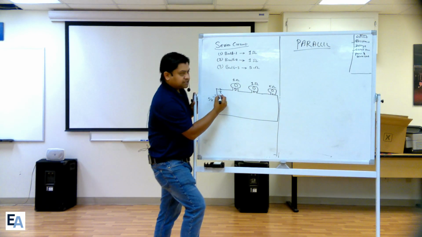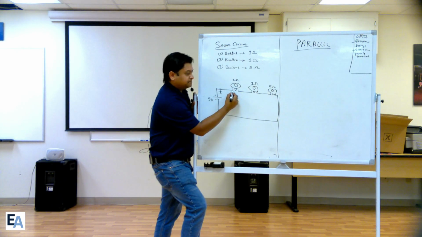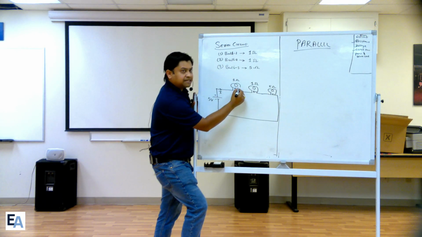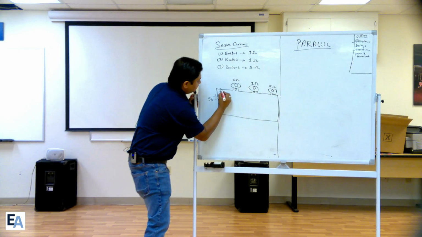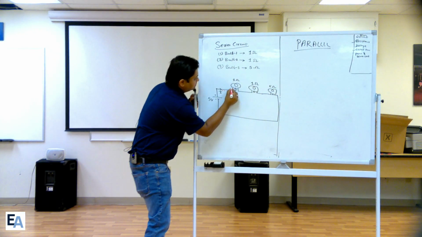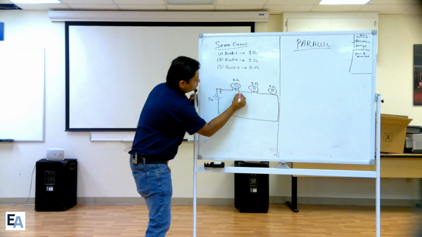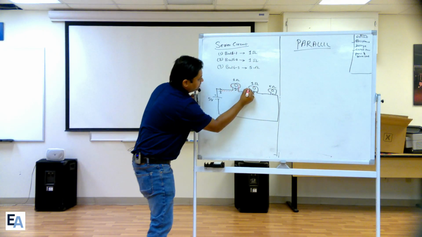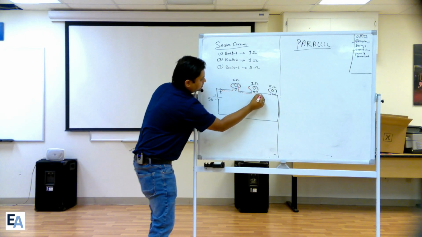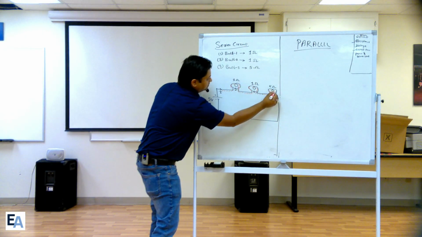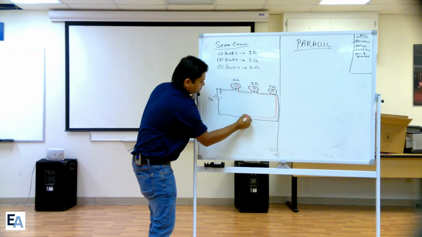Once this current is flowing, the current flows through this bulb, goes through this bulb, the same current, right? Current is flowing in this direction. See, it's going up, going across this bulb, coming down, going here, going up, across, going up, and then coming down.